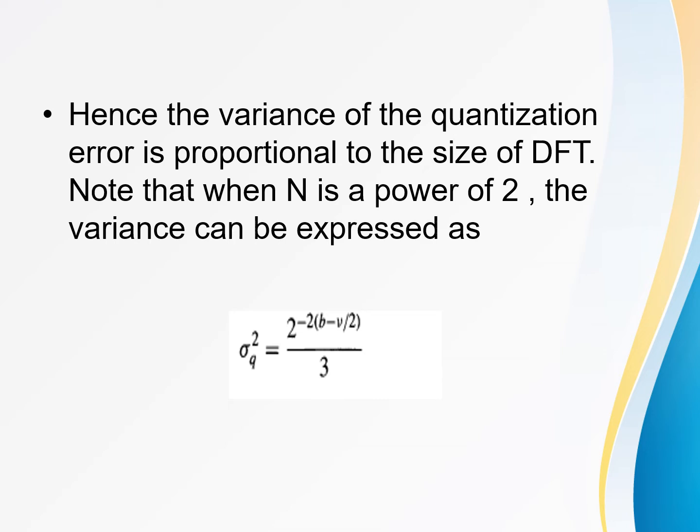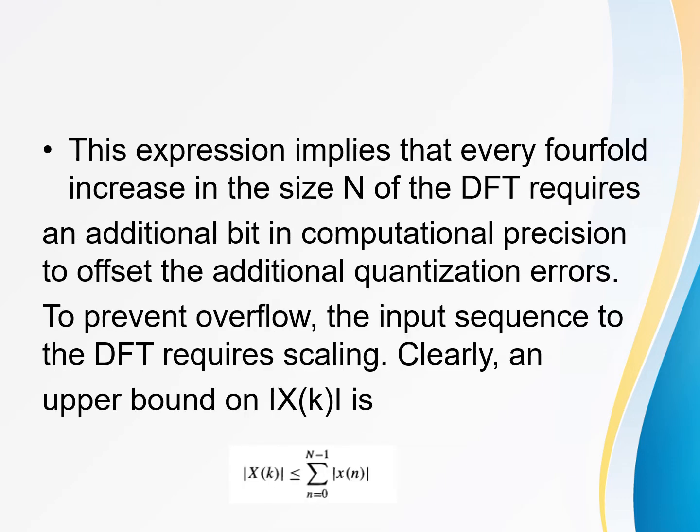Note that when N is a power of 2, the variance can be expressed as 2 to the power minus 2 times (b minus v by 2) by 3. This expression implies that every fourfold increase in the size N of the DFT requires an additional bit in computational precision to offset the additional quantization errors.